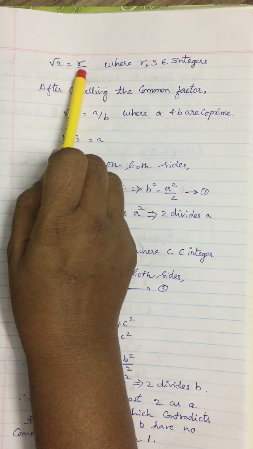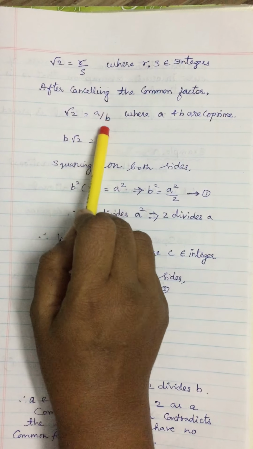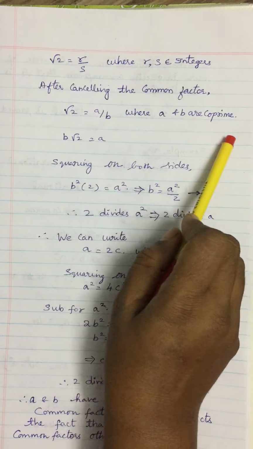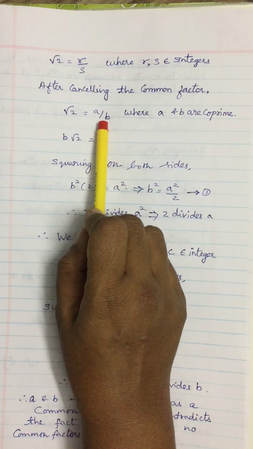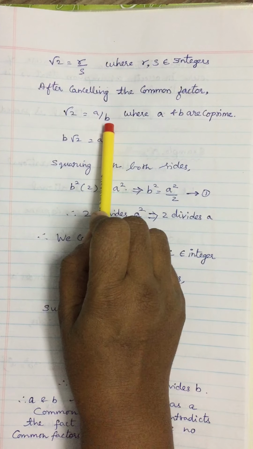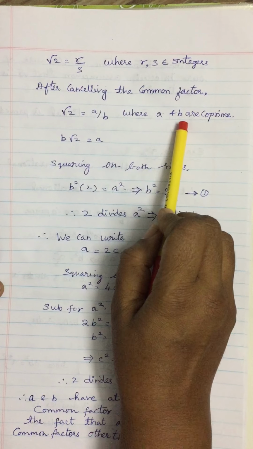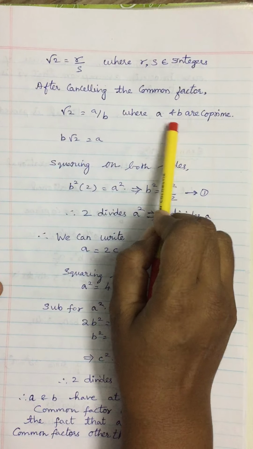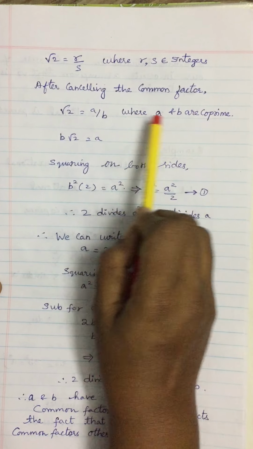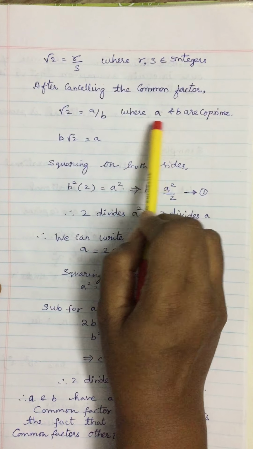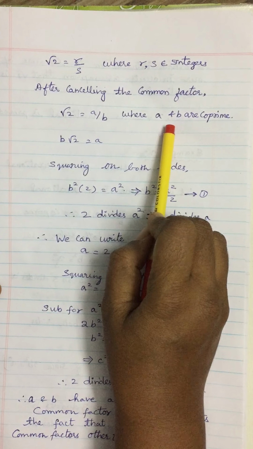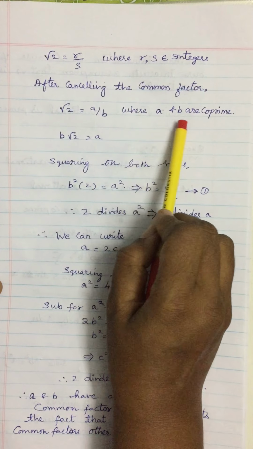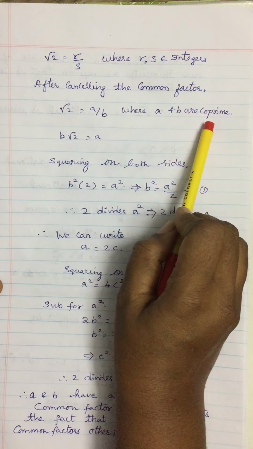After cancelling the common factors between R and S, I am getting A and B, where A and B are co-prime. Now I cancelled all the common factors, so that A and B don't have any common factors other than 1. So they are called co-primes. A and B don't have any common factors other than 1. So you are calling those two integers co-prime.